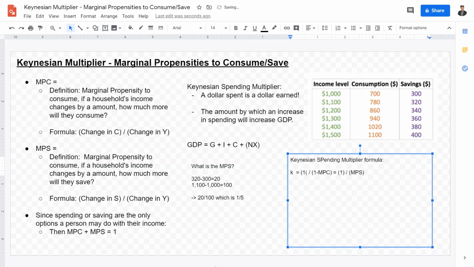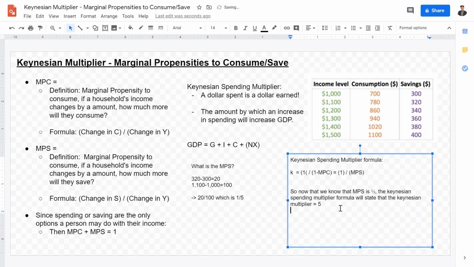Now that we know MPS is 1 over 5, the Keynesian spending multiplier formula states that the multiplier equals 5. Why is that? Because 1 divided by 1 over 5 is 5.